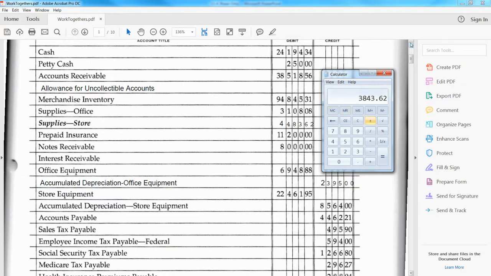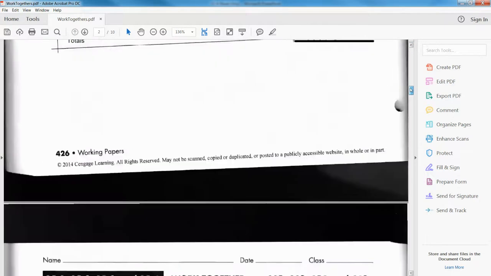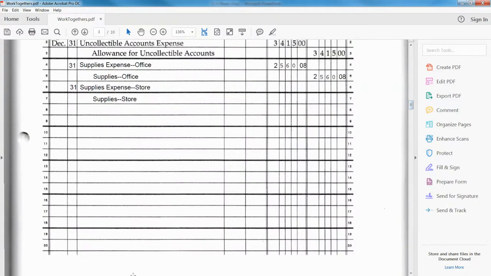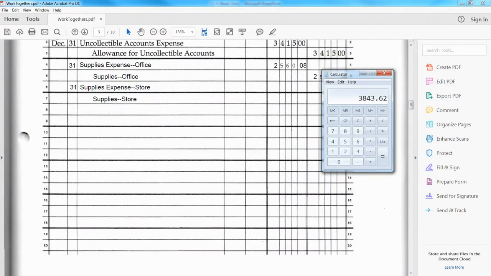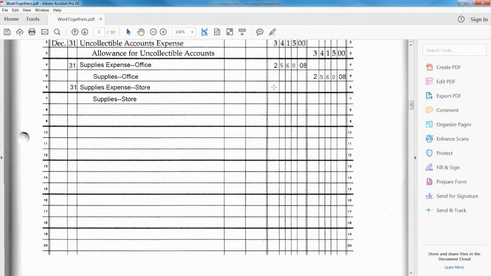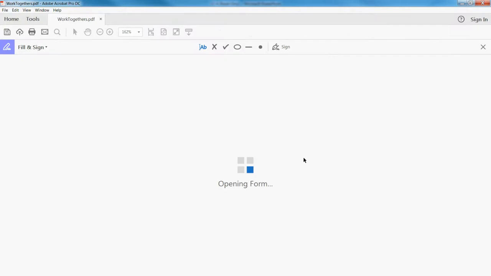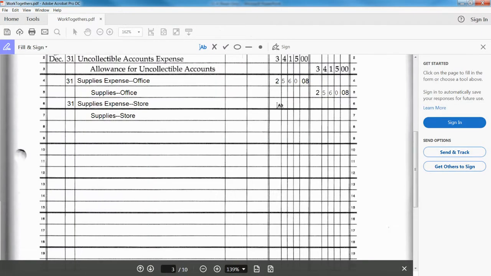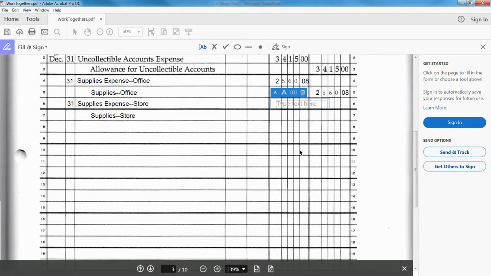So go back to our journal entry, and we have to write in that $3,843.62 in that transaction.